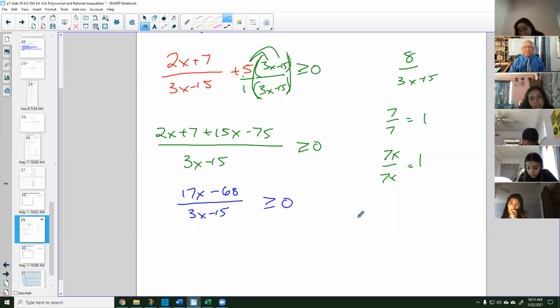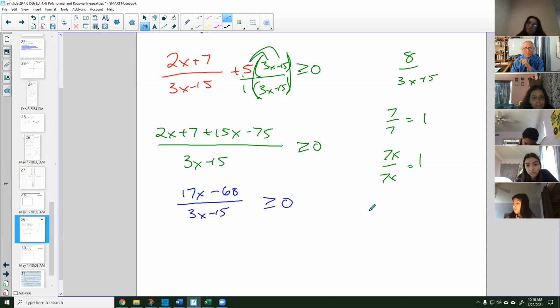Okay, so I need to find my intervals. What defines the intervals? The denominator? Okay, hang on.